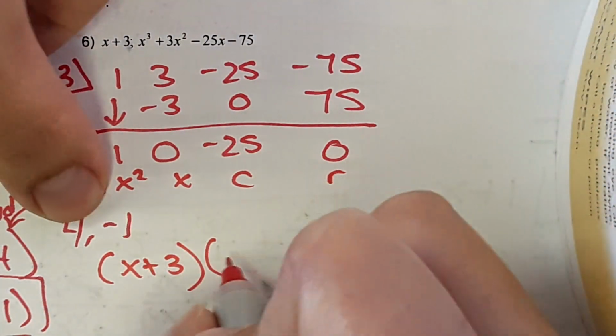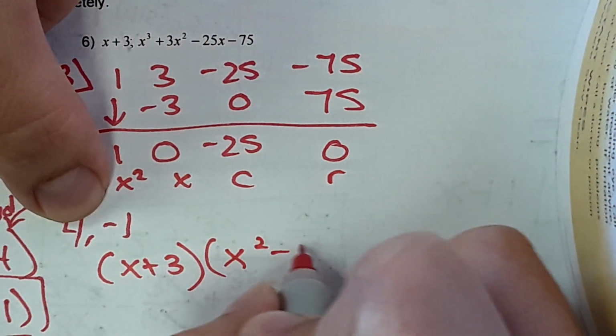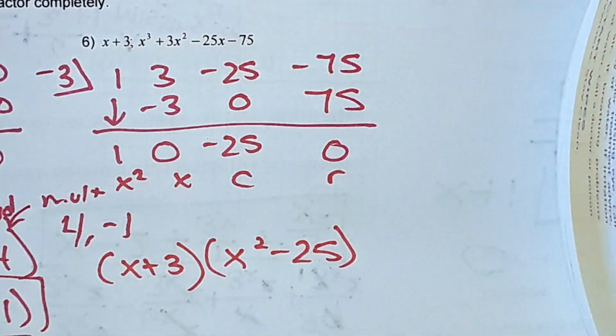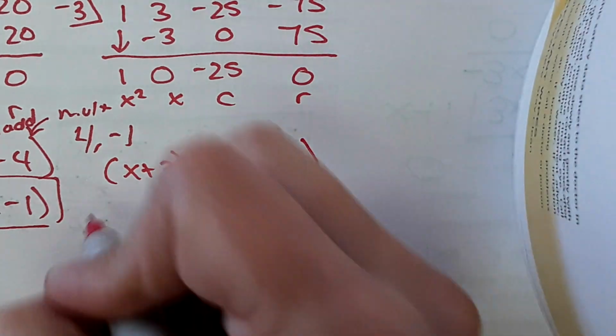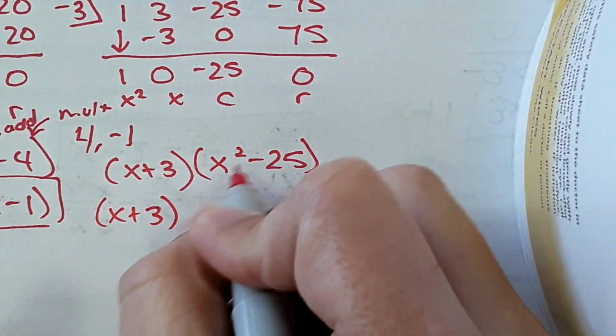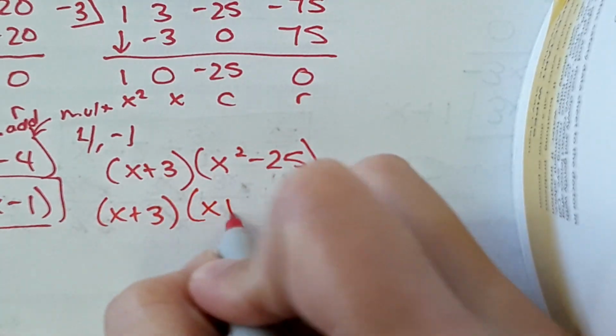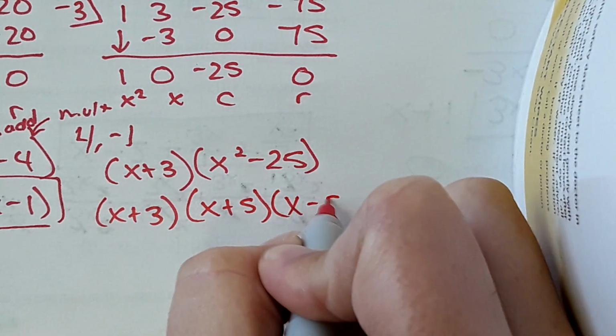Then for this one, it would be x squared minus 25 because the middle term would just be 0x. And x squared minus 25 would just factor out to x plus 5, x minus 5.